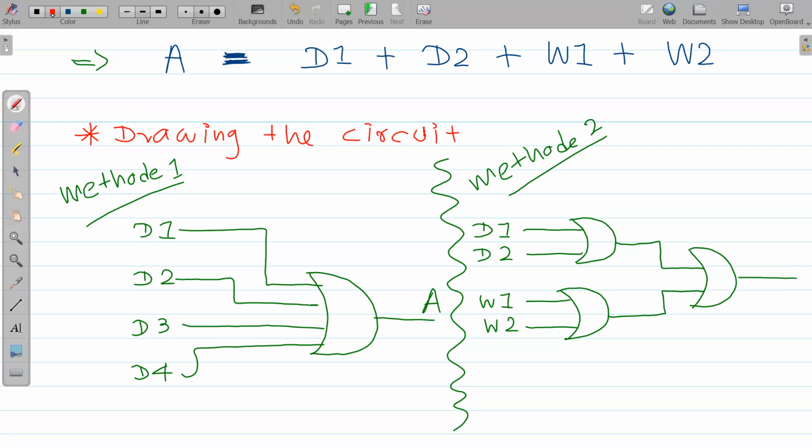So when we do that, we have D1 plus D2 over here, W1 plus W2 over here. So we receive the A output once these flow through this OR gate.